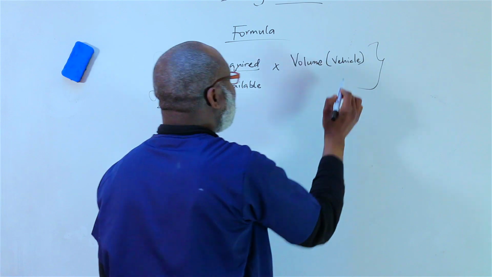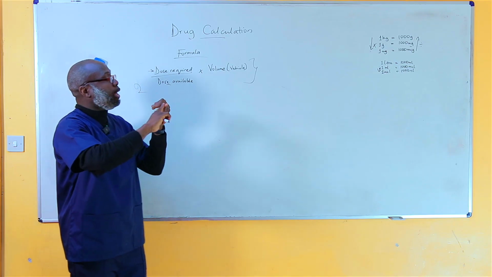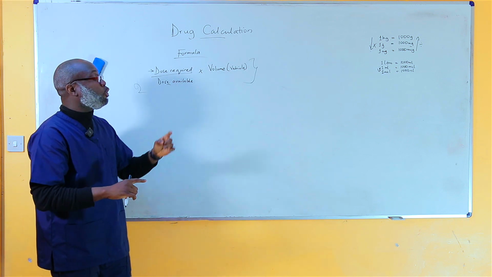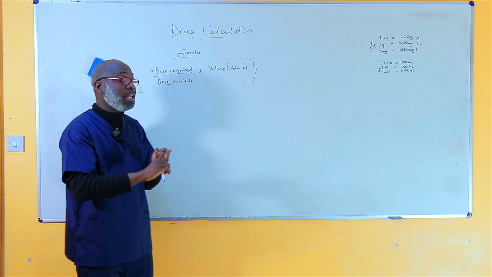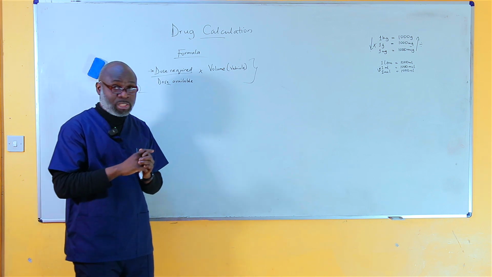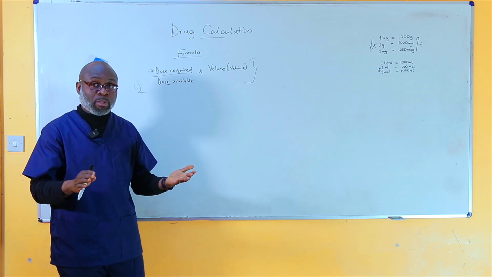But I would like to tell you that if you know the basic units of mass and volume, and you know the terminologies, and you know the formula, it's going to be very hard for you to get any question wrong.